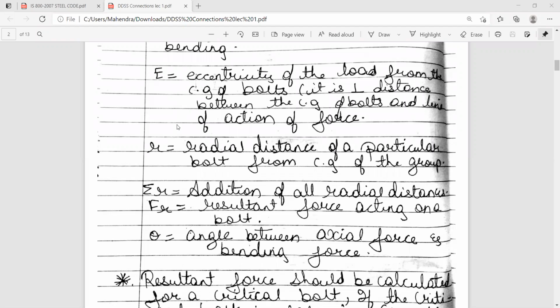So just note down all the notations: what is meant by E, what is R, summation R, FR and theta. We will require all these when we solve the design sums.